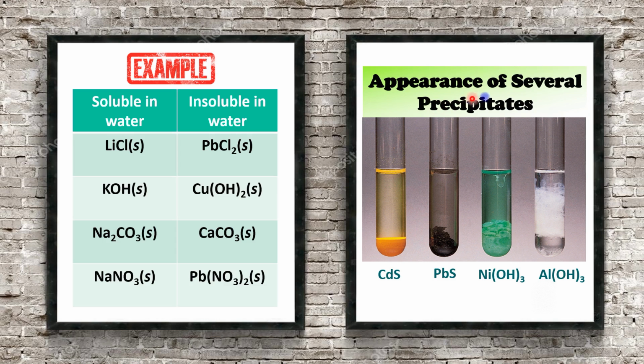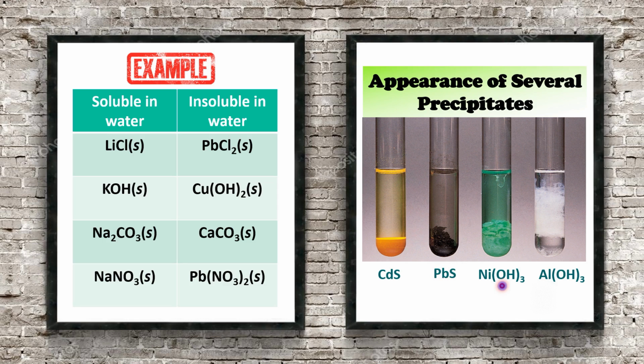Here is the appearance of several precipitates. They have different colors because of the metal that is bonded to the sulfide ion. For example, cadmium sulfide forms a yellow precipitate, whereas lead(II) sulfide forms a black precipitate.